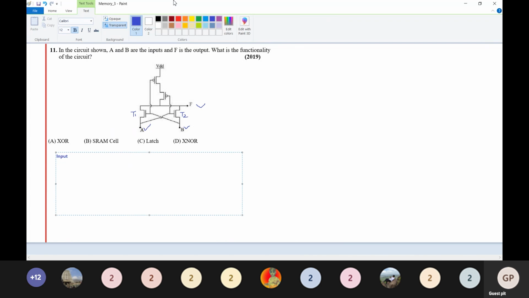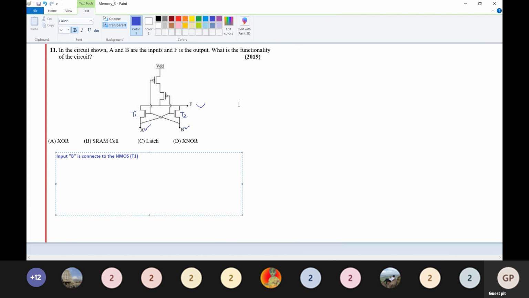Input B is connected to the NMOS transistor, which I mentioned as T1. So what will be the status of the transistor?